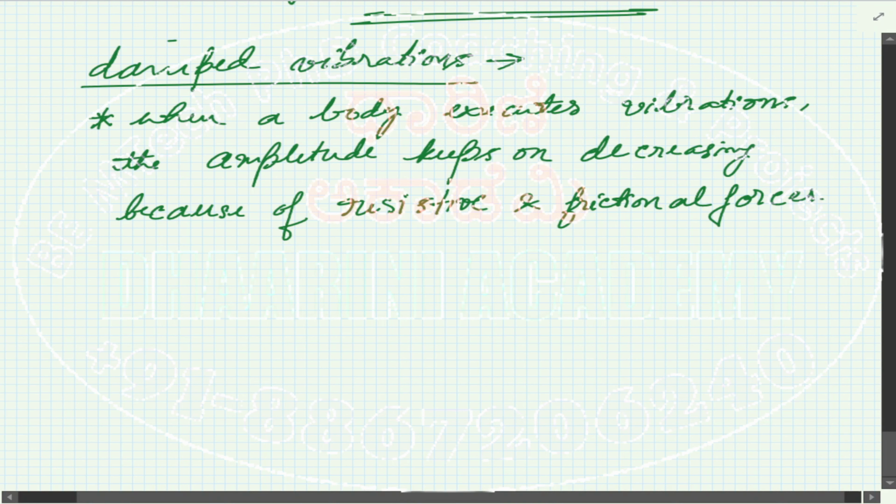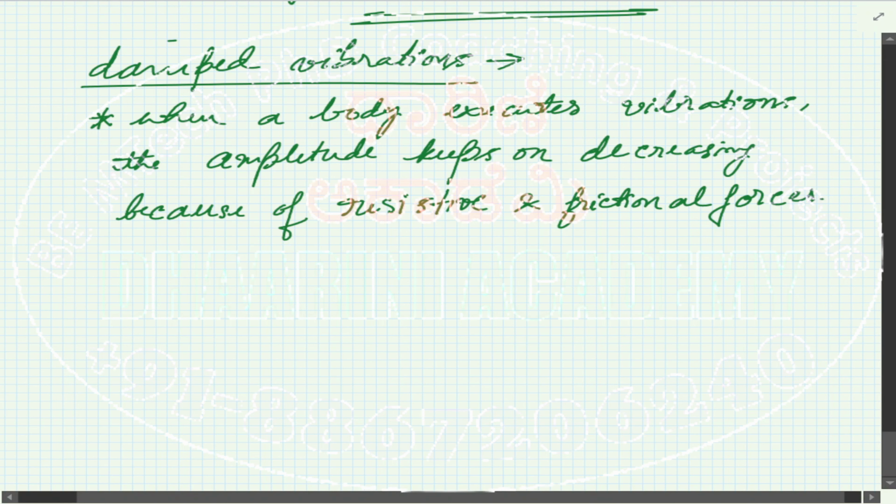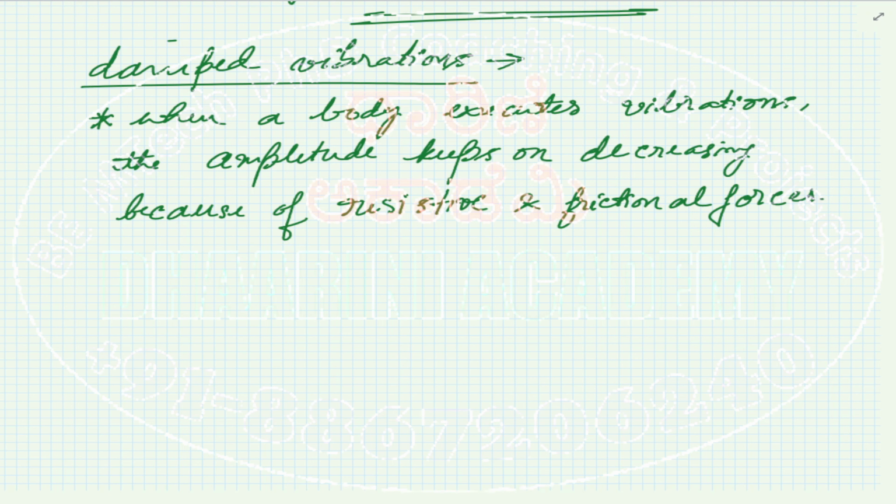Now, the energy of the vibrating body keeps on decreasing, and vibrations become null after a certain amount of time. The motion because of such vibration is what is called damped by friction, or damped oscillations, in general. So what do you mean by this?